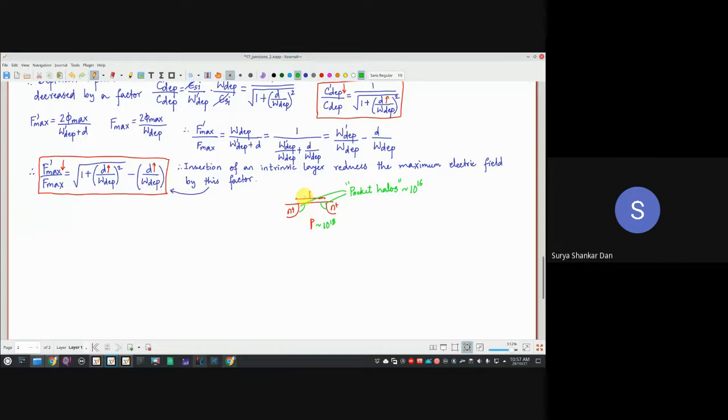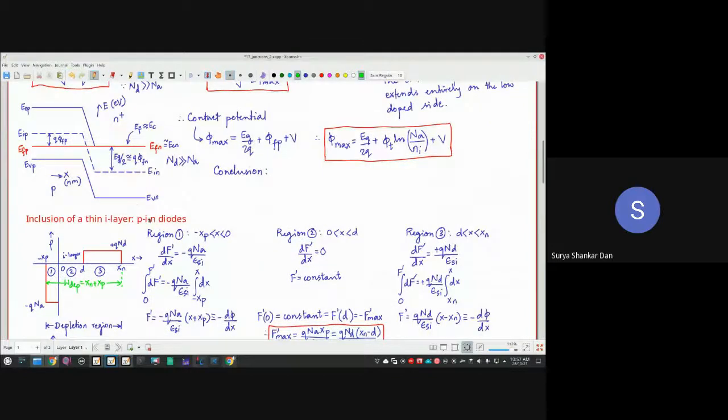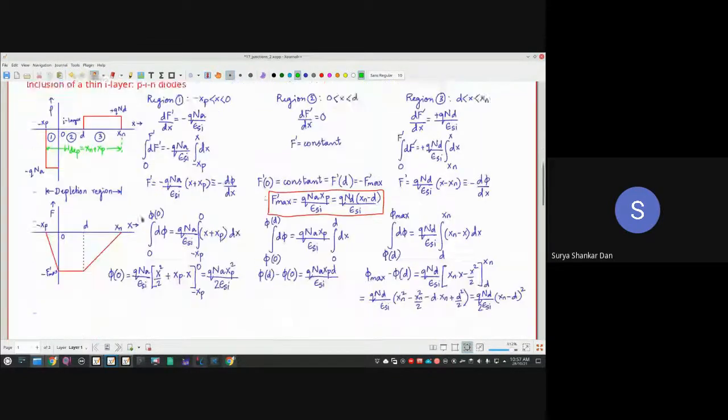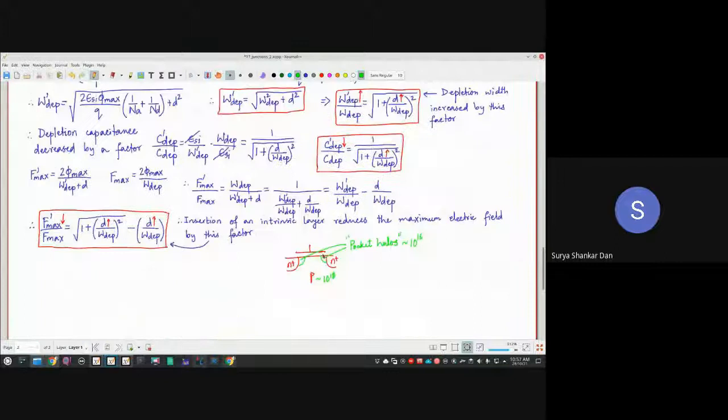So the basic concept of this pocket halo or lightly doped drain regions is essentially the inclusion of the I region. Okay, so we have done the mathematical analysis and the model of the pocket halos. We will again revisit this as a solution of the problems of short channel effects.